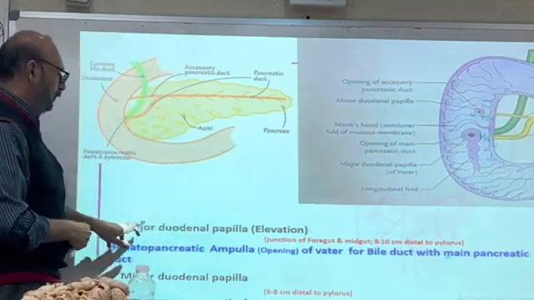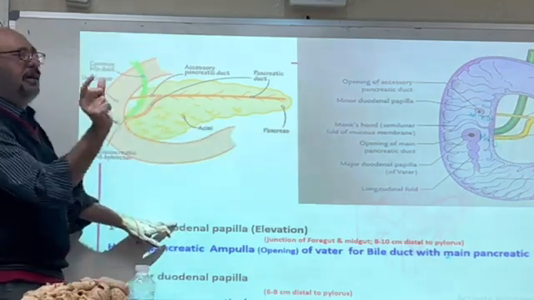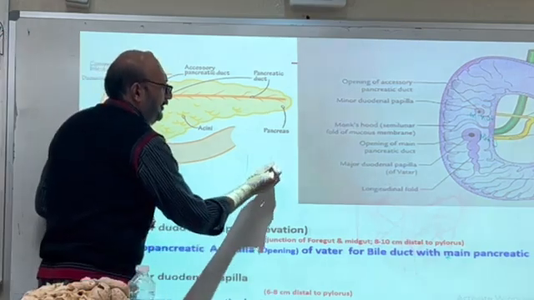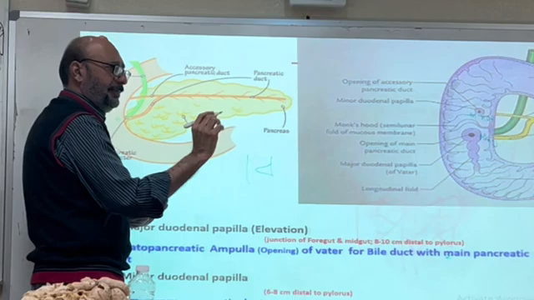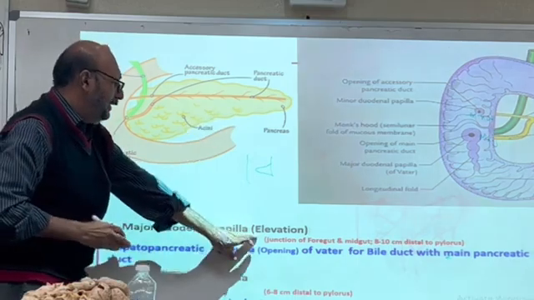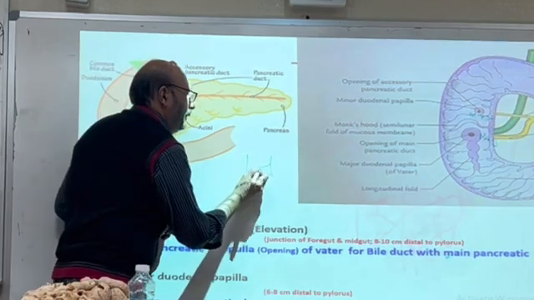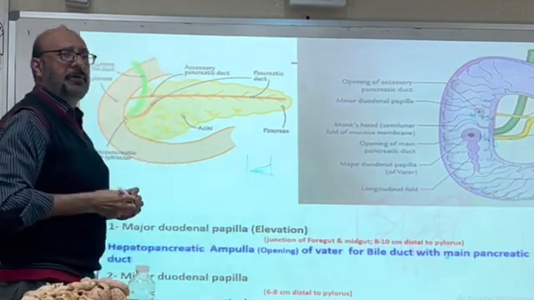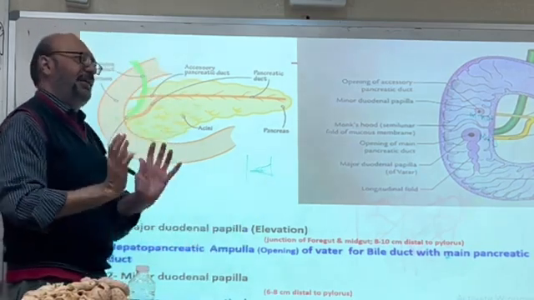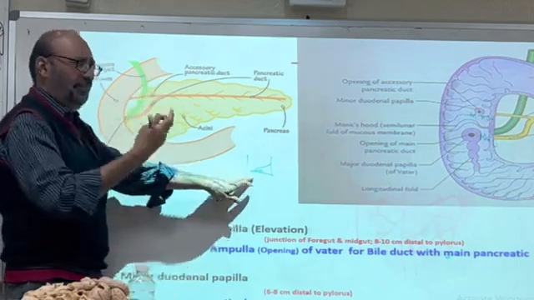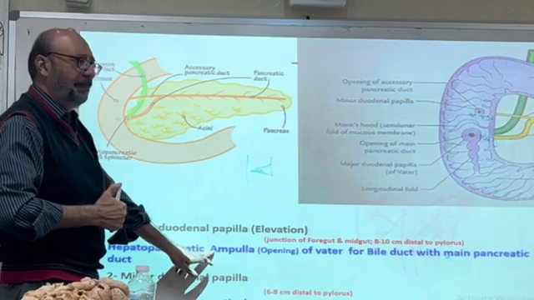Okay, what is a papilla? A papilla is an elevation. So this is the duodenum. Here we have an elevation. Then we have the ampulla, which is an opening. So the papilla is just an elevation, and at the tip we have an opening which is known as the ampulla.